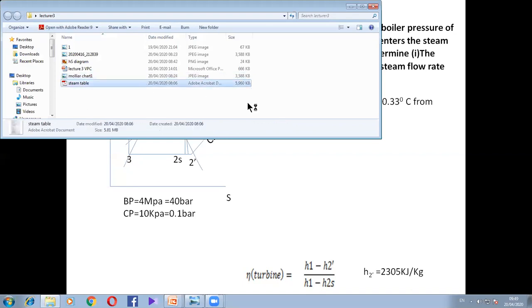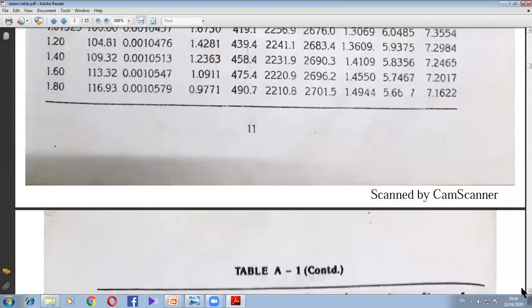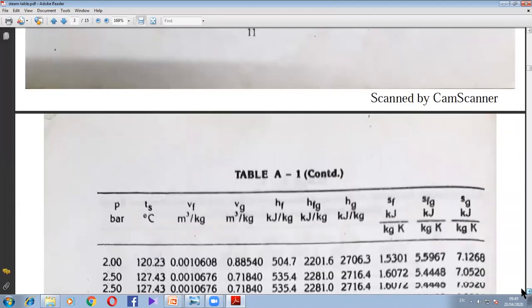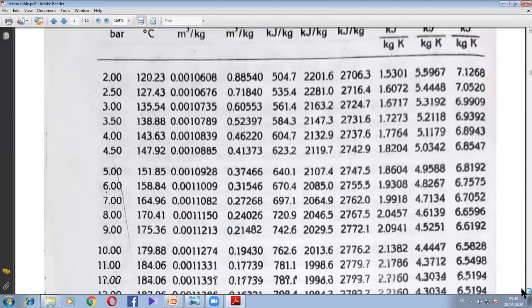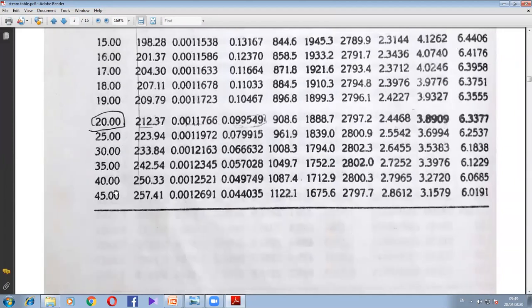So I will go to the pressure based table. Which table do we have to go to? A1 table, because it's a pressure based table. From the A1 table, here at 40 bar, see, till 1.8 bar you have on one page level. From page number 12 I am having till 45 bar, right?